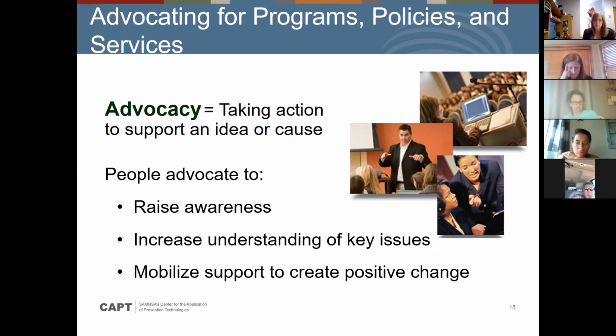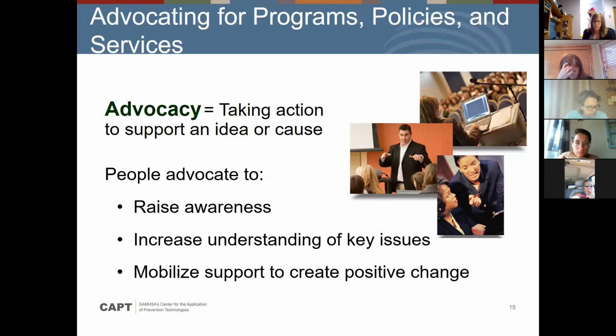Our purpose in doing that is to raise awareness about prevention, substance use, and other behavioral health problems. It is also to increase understanding about the key issues surrounding substance abuse and mental health, and then to mobilize support, with the goal of creating positive change within our community.